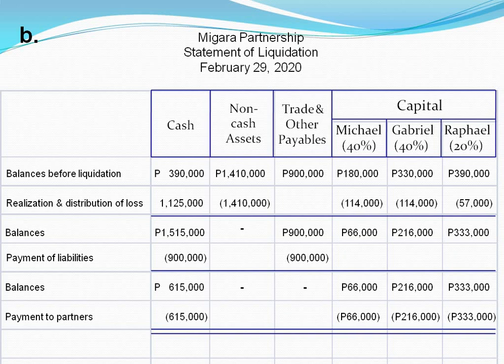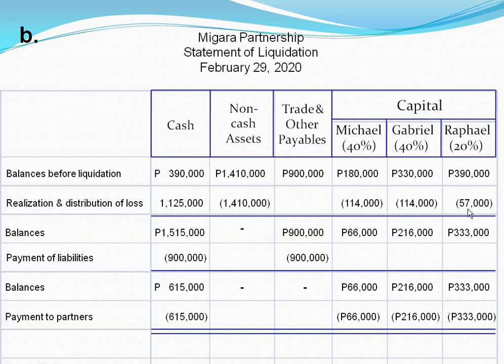How about the journal entries? For the realization, debit cash, 1,125,000. Debit Michael capital. Debit Gabriel capital, both for 114,000.